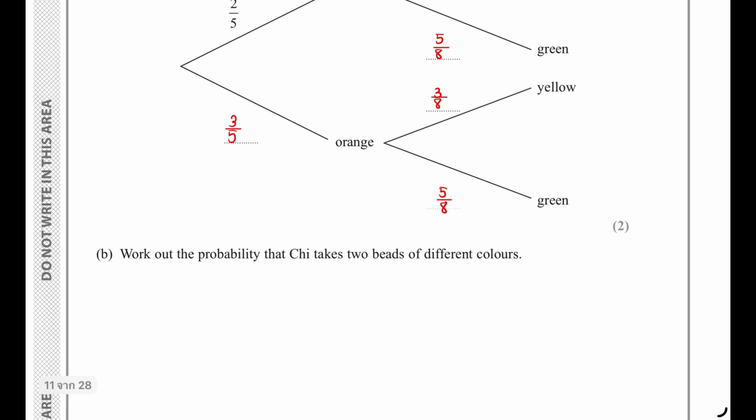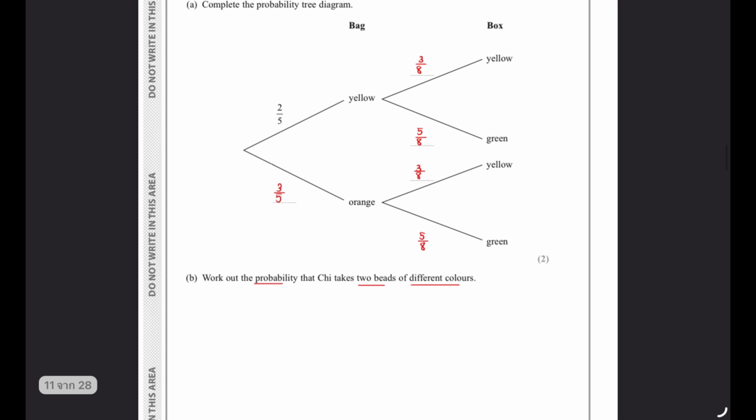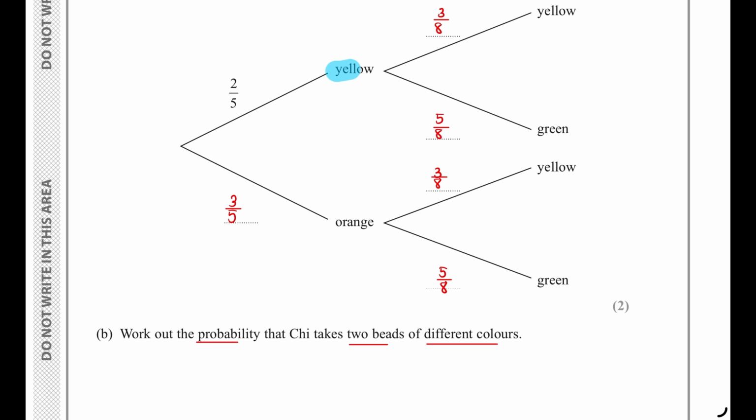Then question B. Work out the probability that she takes 2 beads of different color. So it will be yellow and green, which is 2 over 5 times 5 over 8, plus orange, yellow.